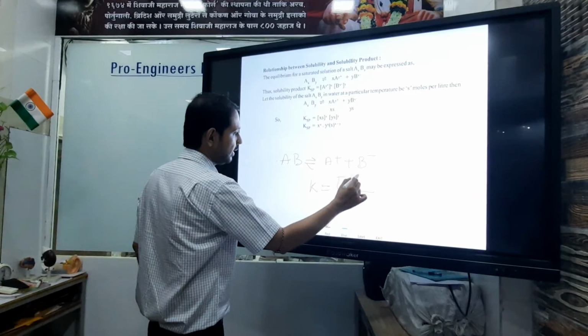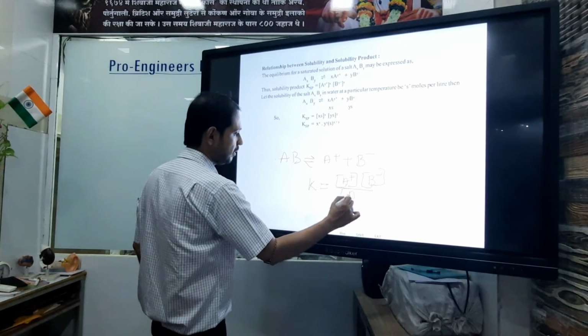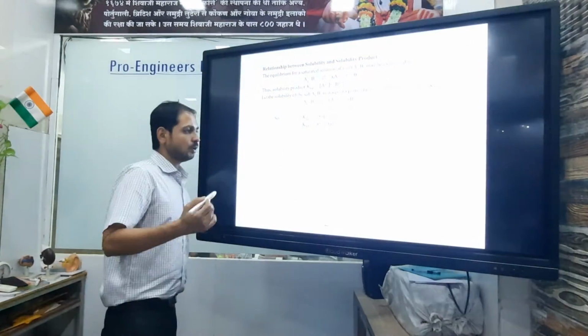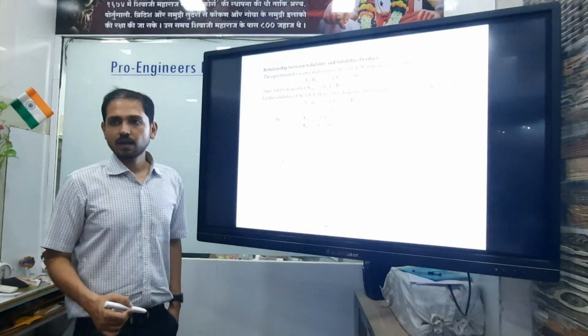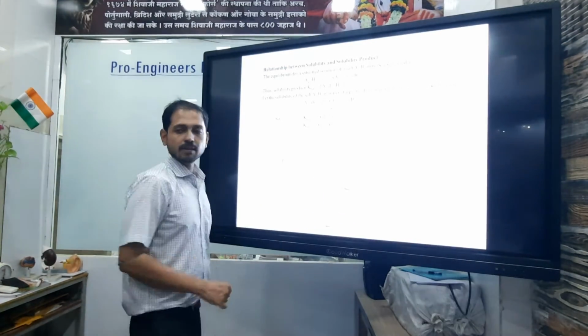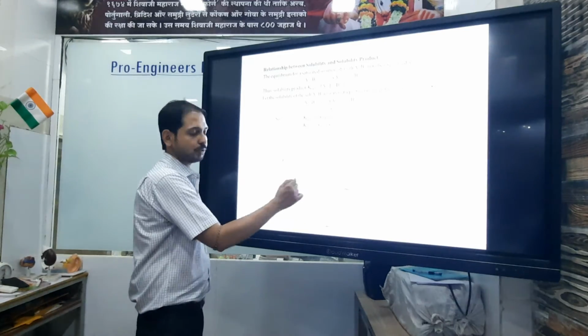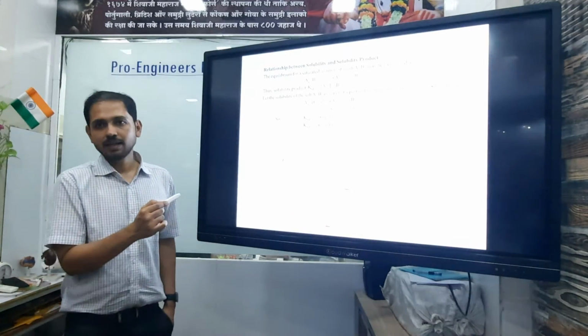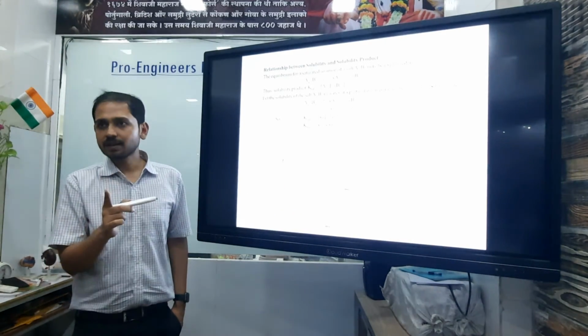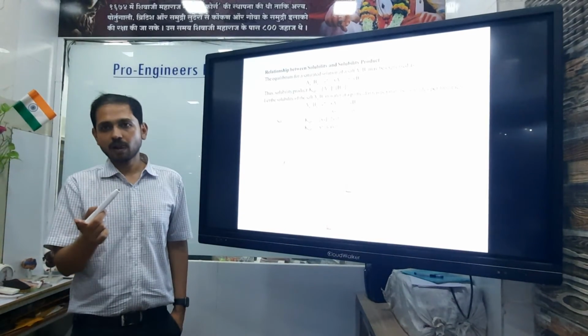What we know is that the equilibrium constant is constant. We can write the equilibrium constant K as A+ times B- divided by AB. Suppose you add extra A+. That means you are increasing the numerator, so K would also increase. But K is constant as per the equilibrium constant, so K cannot be higher.